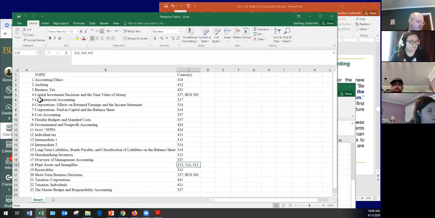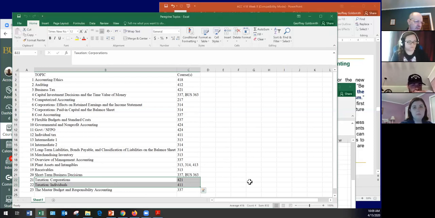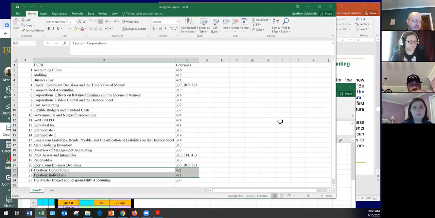Computerized accounting. Business tax, because they didn't have any questions about partnerships, only corporations. Some of our own questions for individual tax. Ones down here, you can see what I'm highlighting there on the spreadsheet, that comes from their test bank.